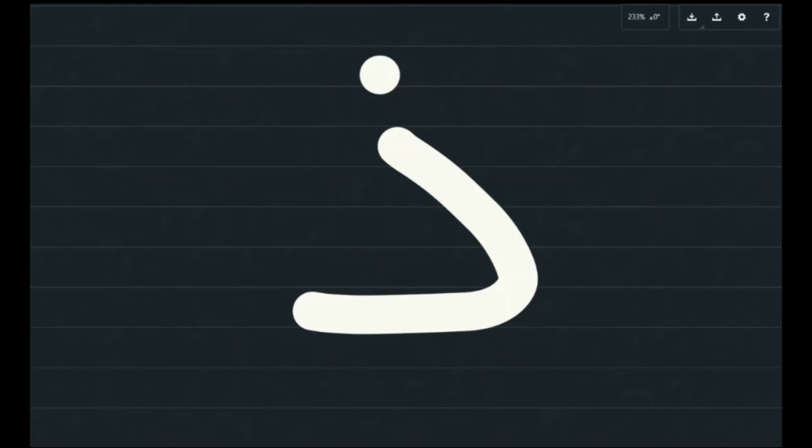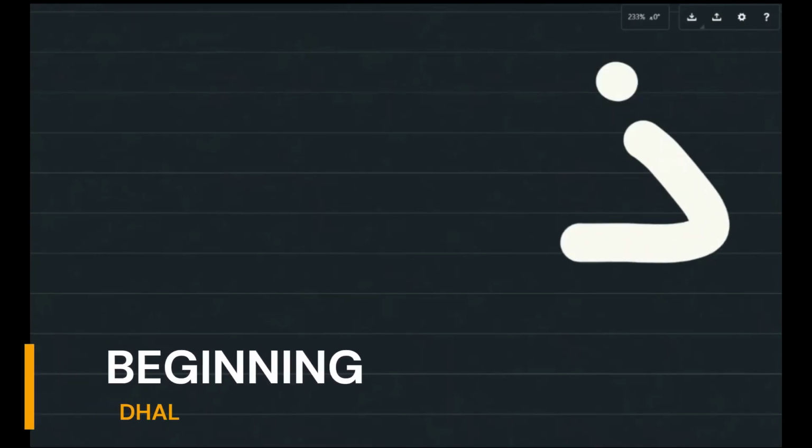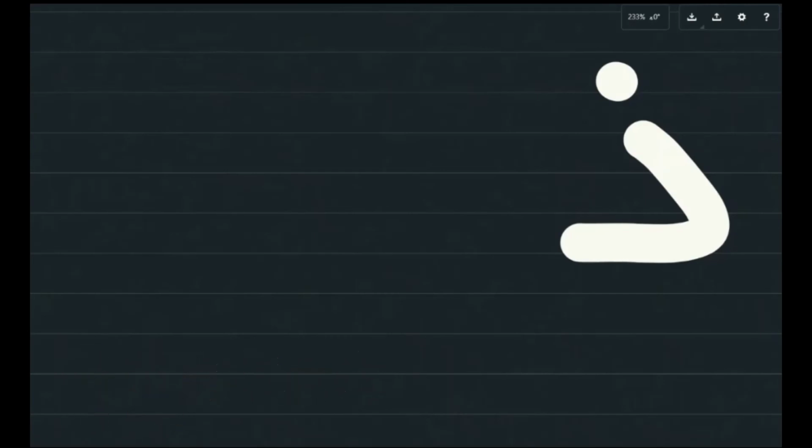This is letter dal in the beginning form. Dal in the beginning form, example.